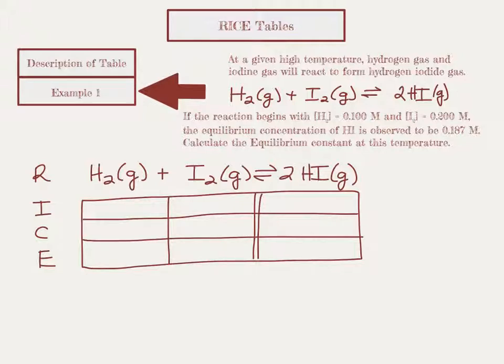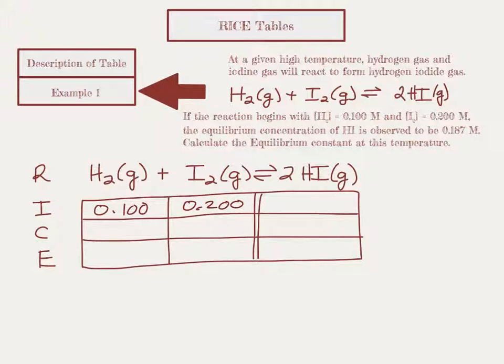Okay. The words in the stem of the question say that we're beginning with 0.1 molar for hydrogen and 0.2 molar for iodine. So I'm going to put those numbers into my I boxes. 0.100 and 0.200.